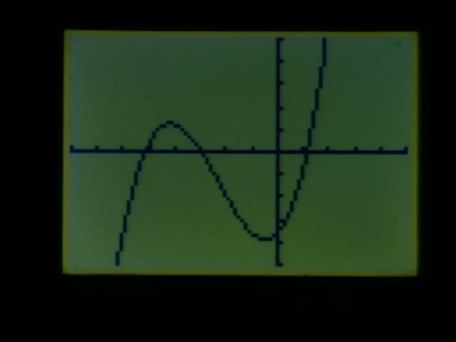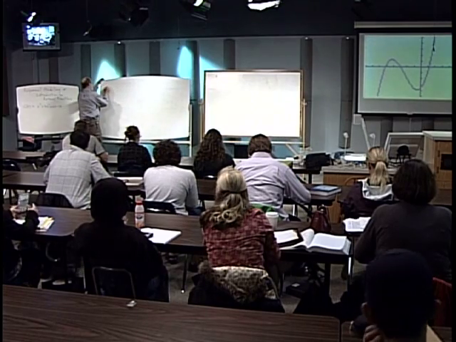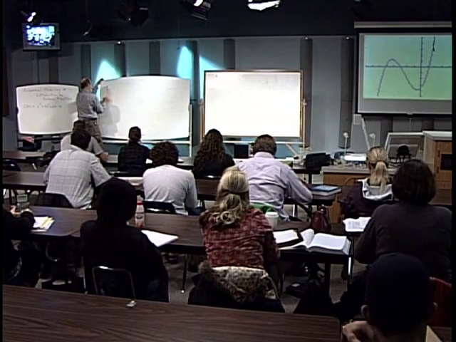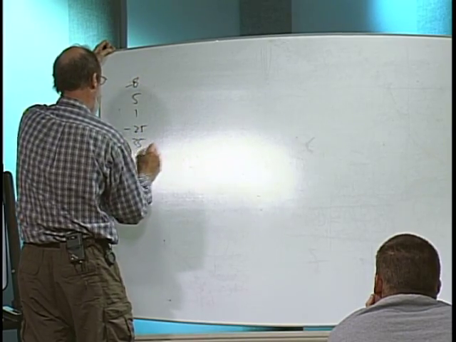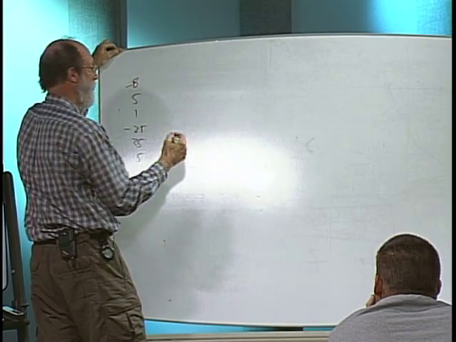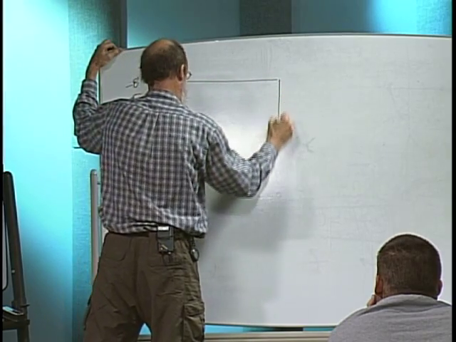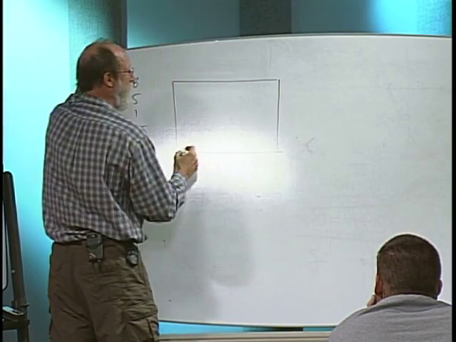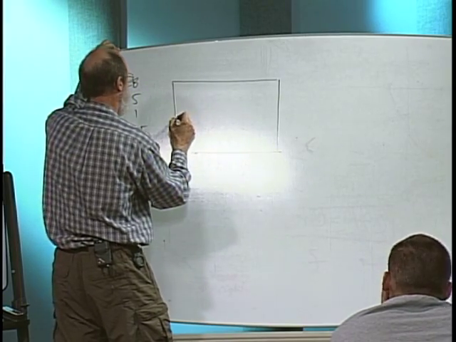Okay, let's come back up on the board for a second. So we had minus 8, 5, 1, minus 25, 25, 5 for the window setting. We had the equation, which you've already written down on the other board. And then we have a viewing window that goes off the bottom of, I usually draw the axes first.